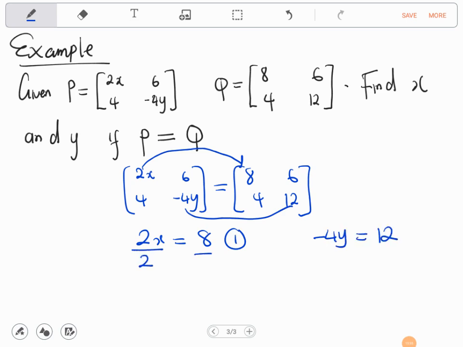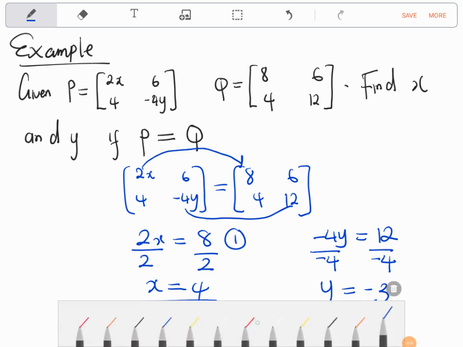What do we get here? You divide by 2, you divide by 2, and x is 4. You divide by negative 4, you divide by negative 4, and your y is equal to negative 3. You have to prove that when I put x there and y there, I'll get the same matrix as Q. Is it giving us the same?